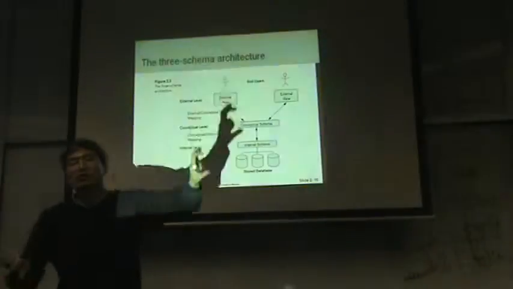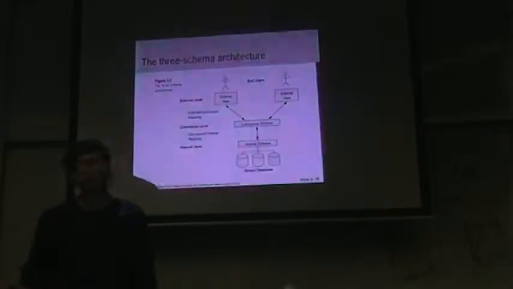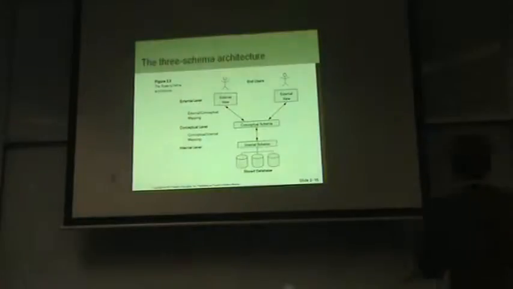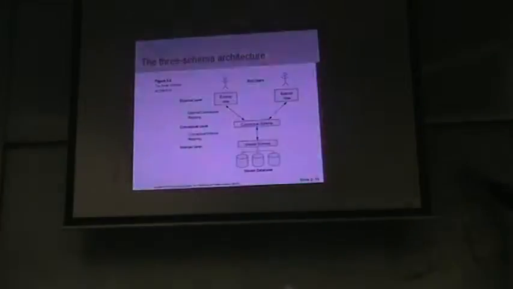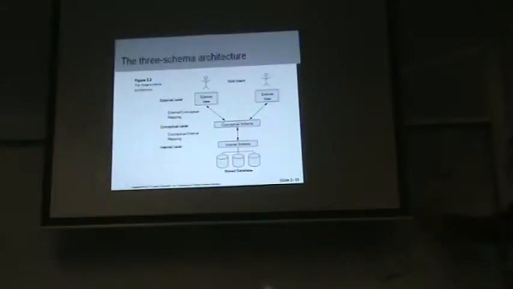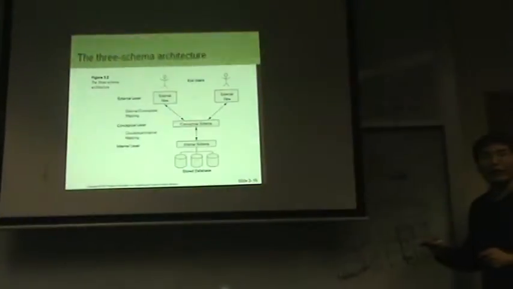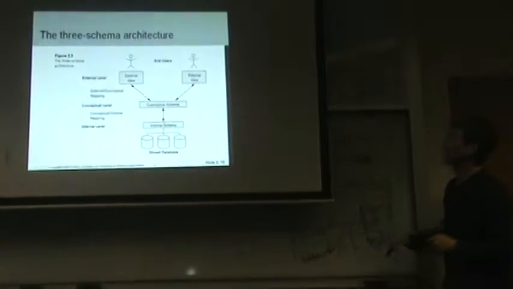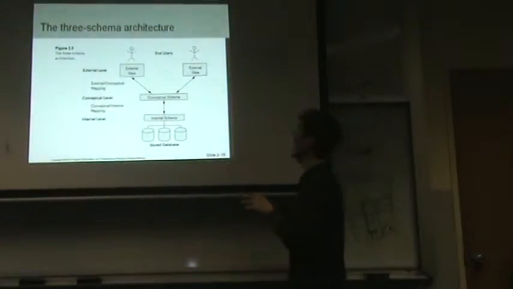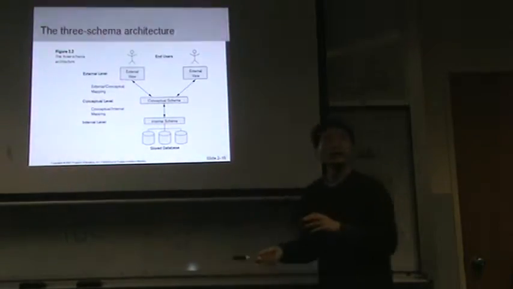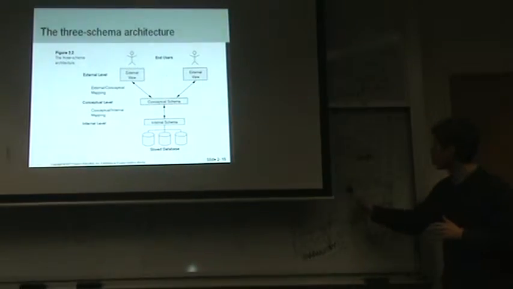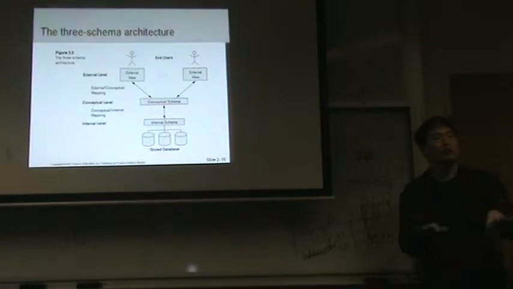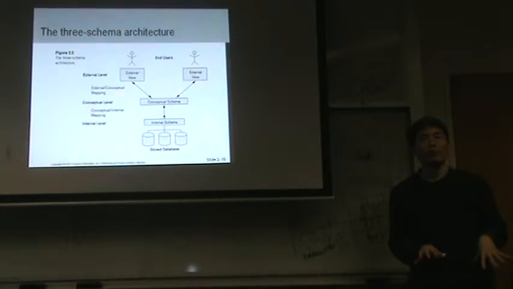Why do we separate the internal schema and the conceptual schema? For example, the student information fills up the disk, so the Unix administrator attaches a new file system. At that time, if the user directly accessed the internal schema, they would need to know where the student information is stored, so users would have to change their programs.